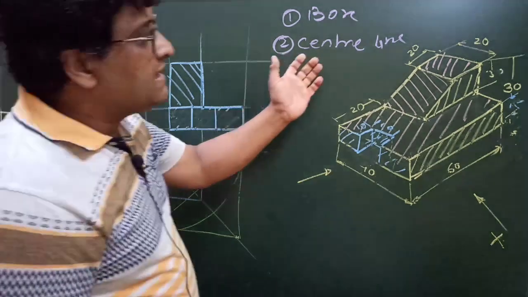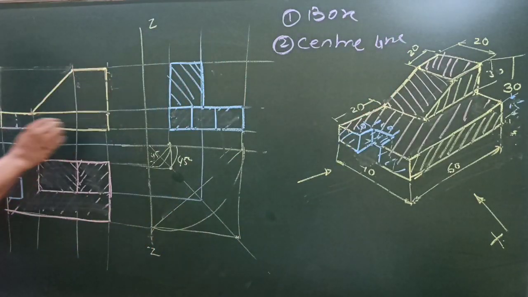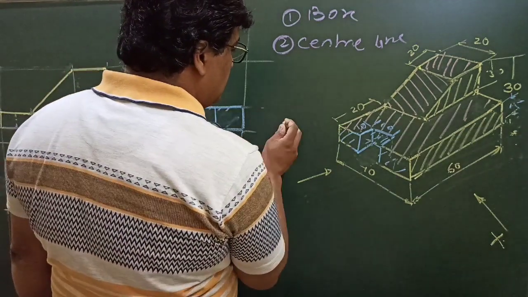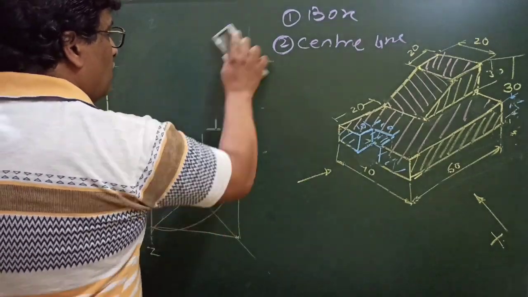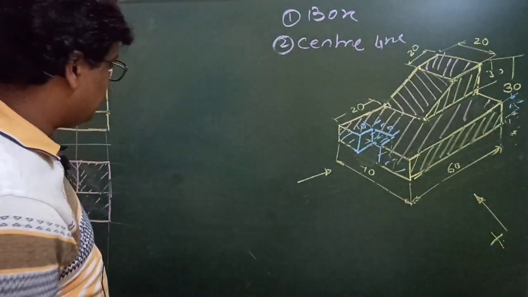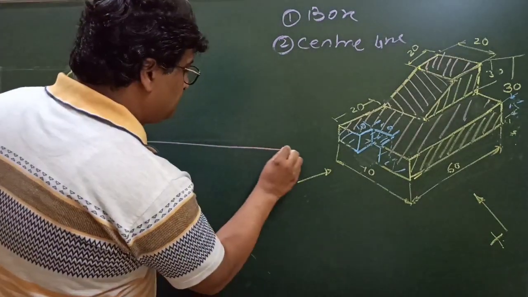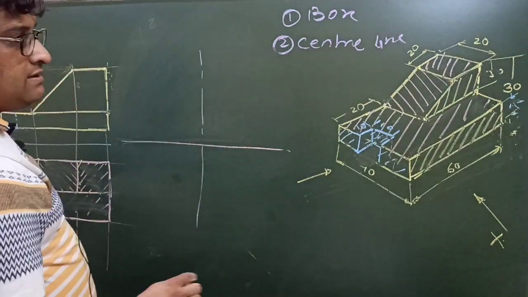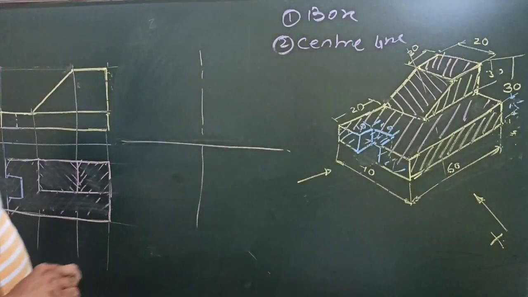What happens in the center line method, rather than drawing the boxes, you always start with a center line, means like this. This is the XY line, so here is the center line and this line is the center of the complete figure.